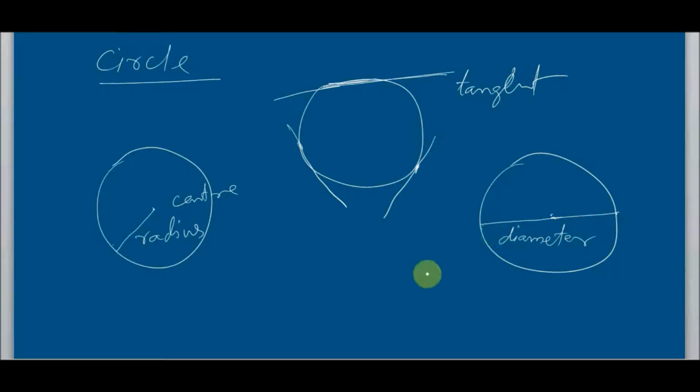It is called the longest chord of the circle, right? If I draw a line like this anywhere on the circle, these are called chords, right? This is a chord, this is also a chord, right?